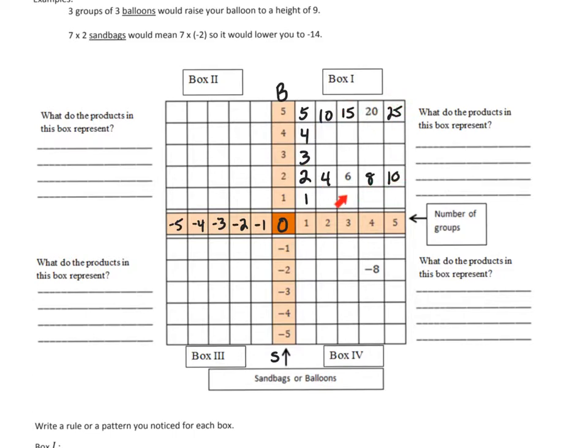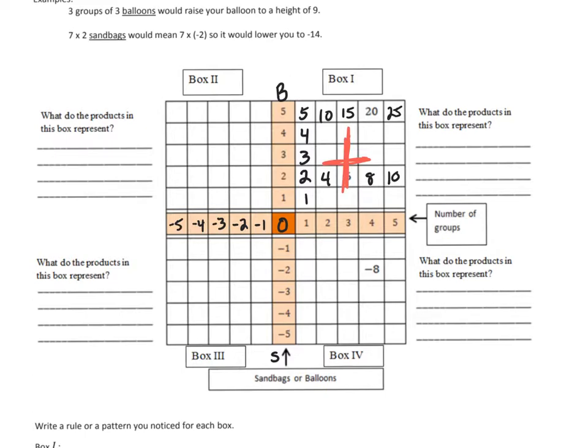All of these numbers are positive because we're multiplying a positive number of groups by a positive number of balloons. So when we multiply a positive factor times a positive factor, we will always have positive numbers. So I'm just going to write a big positive here. All of these numbers will be positive.